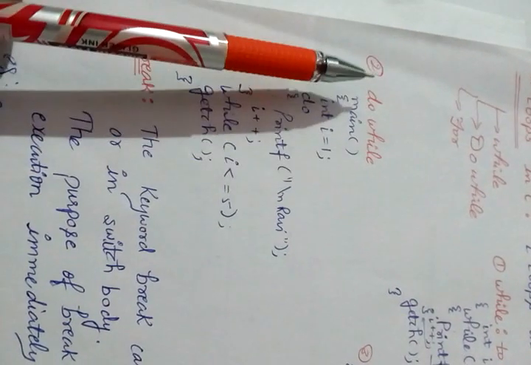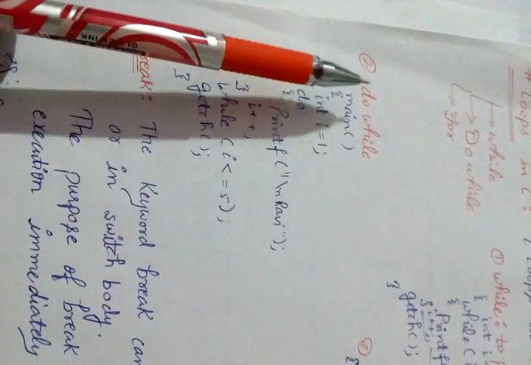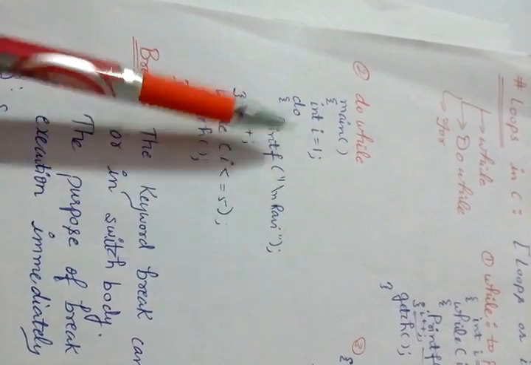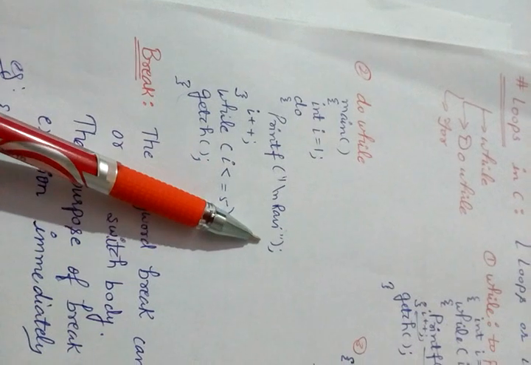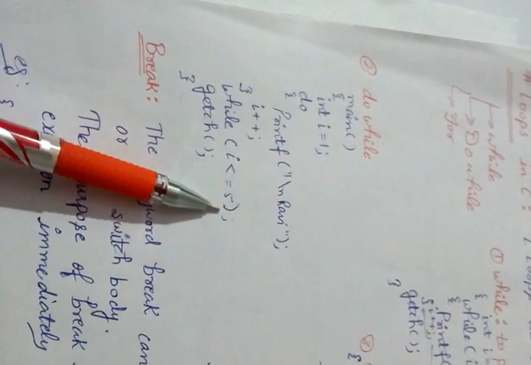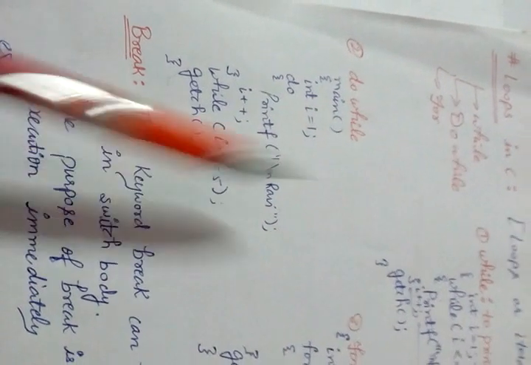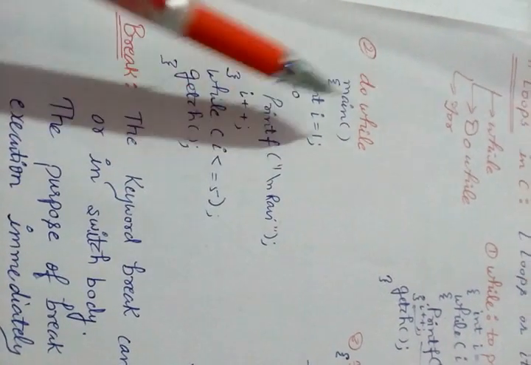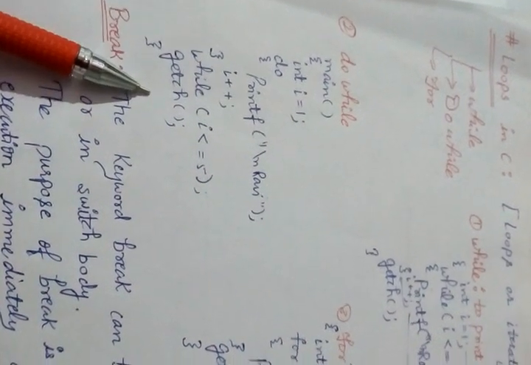Next is the do while loop. What does it do? It simply prints the variable or the name according to the given program without checking any condition. So we can say that in while, it first checks the condition, then prints the value. But in do while, it will first print and then check.